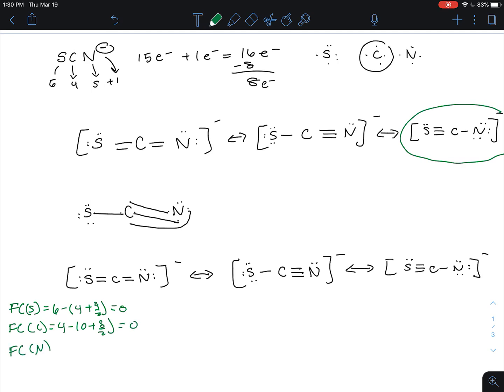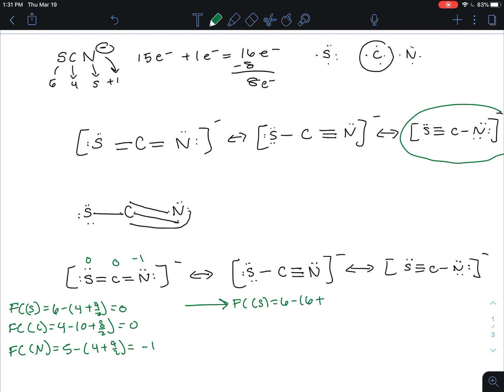Then we have carbon, 4 minus 0 plus 8 over 2, and that's 0. And then we have nitrogen, 5 minus 4 plus 4 over 2, 4 over 2 is 2, that's negative 1. So we have 0, 0, negative 1.